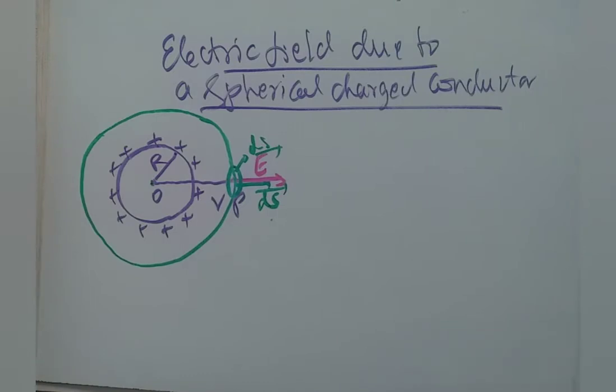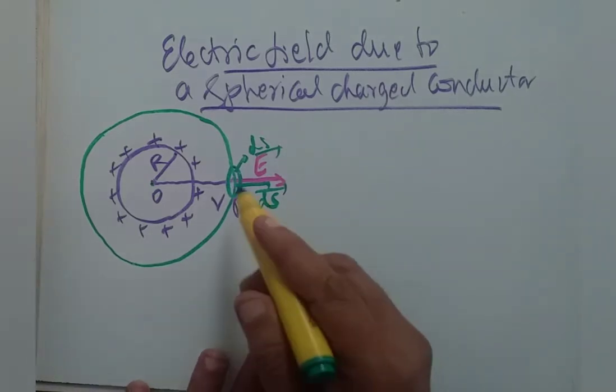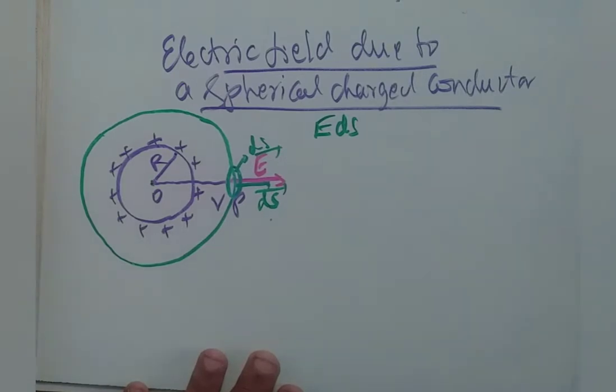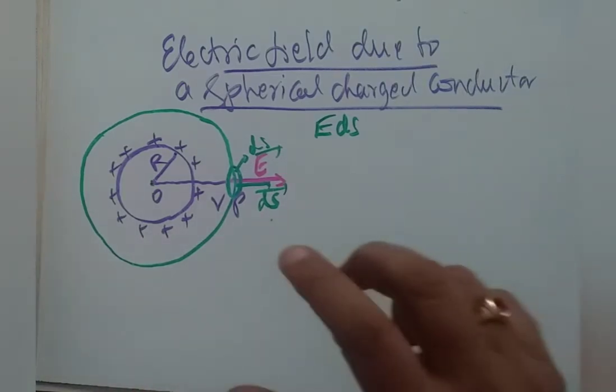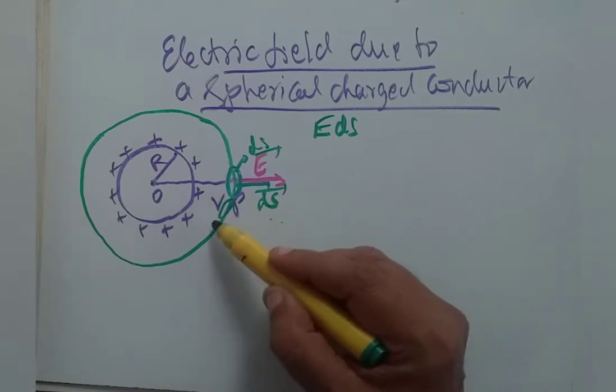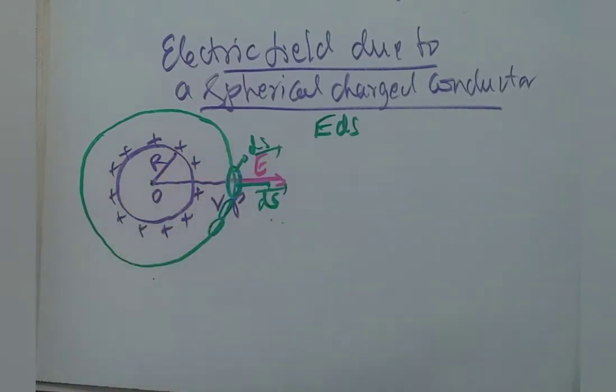Observe. Now, electric field intensity vector and ds vector both are in same direction. That means there is no question of cos theta, because theta is 0, cos 0 is 1 in calculating the flux. So, flux through this small area ds is E into ds only. But we imagine whole Gaussian surface is divided into small such areas throughout the sphere.